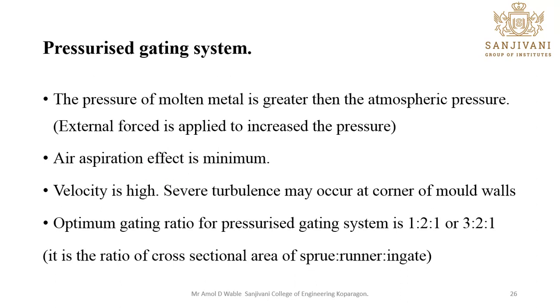This type of pressurized gating system is used for permanent die casting molds, which we'll see further. Just remember that a pressurized gating system is used for permanent die casting, where instead of sand you will be using metal parts.